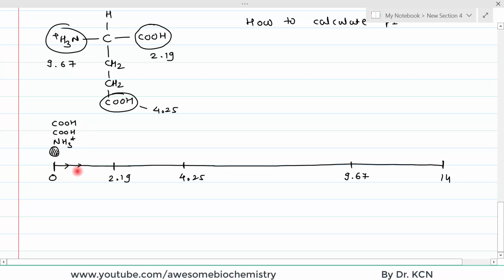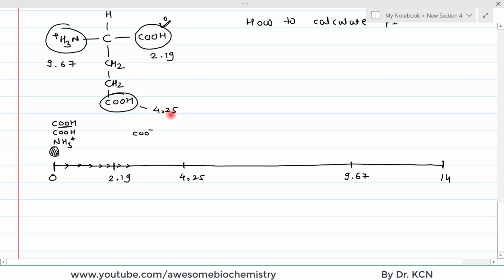Now, you titrate this solution, you go on adding alkali, so pH will increase slowly. As you cross this point, 2.19, what will happen? This particular carboxyl group will start losing its protons. So, this COOH group will be in the form of COO minus. Then what about this carboxyl group?